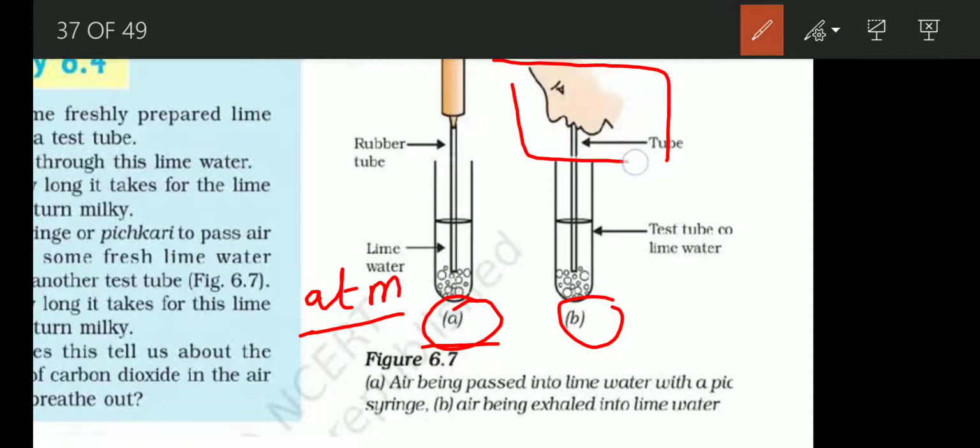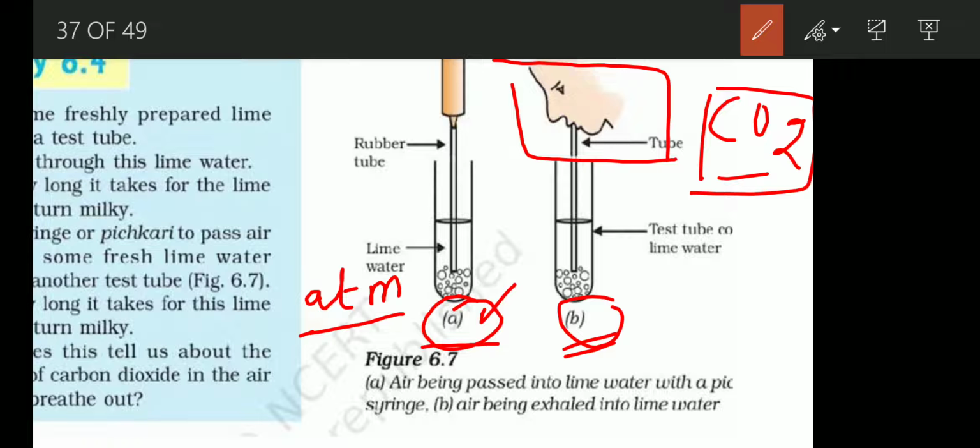We know that human beings exhale carbon dioxide. So in the air that is being mixed in test tube B, carbon dioxide will be more. If we compare it with test tube A, in test tube B the carbon dioxide concentration will be more. So there is a difference in the composition of air.